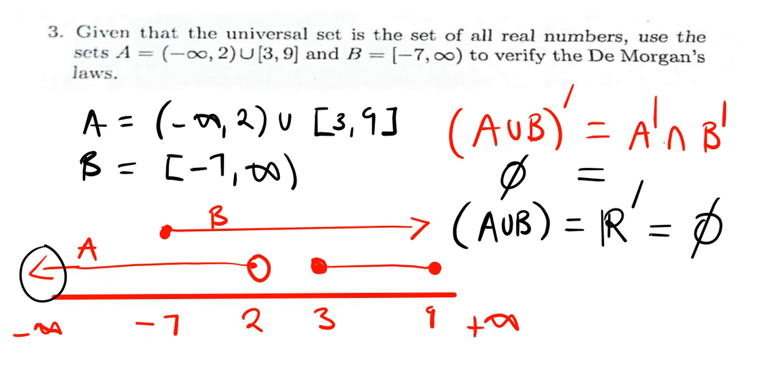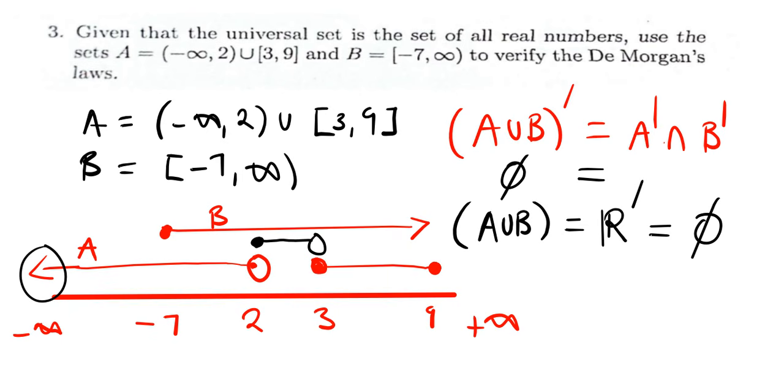Then let's come to the other side. We're trying to find A complement and B complement, their intersection. If I start with A complement, 2 is not part of A, so it's going to be part of the complement. Then 3 is part of A, so it's not going to be part of the complement.